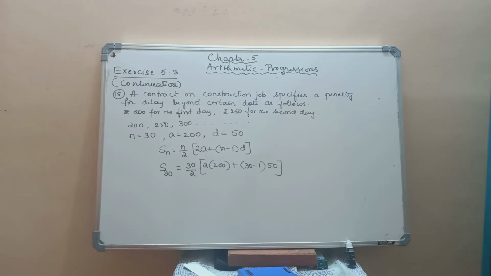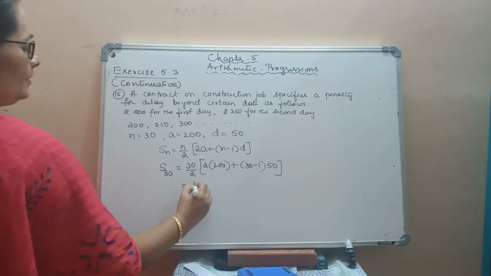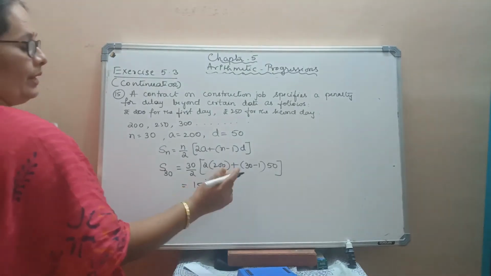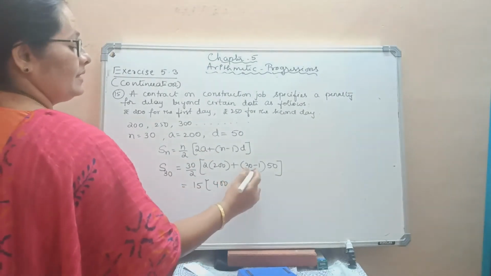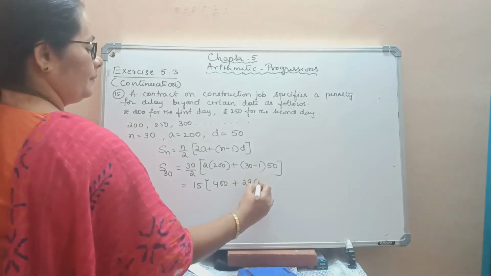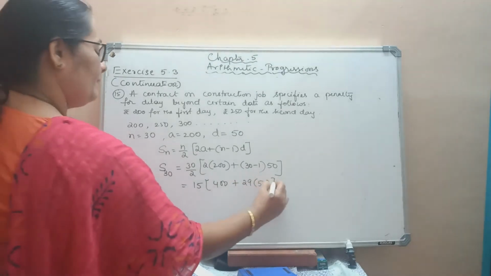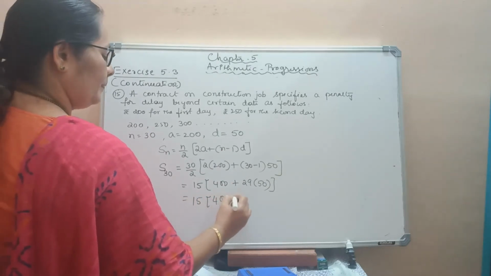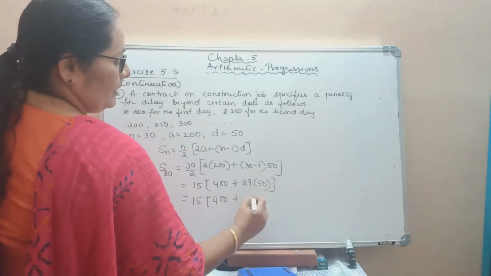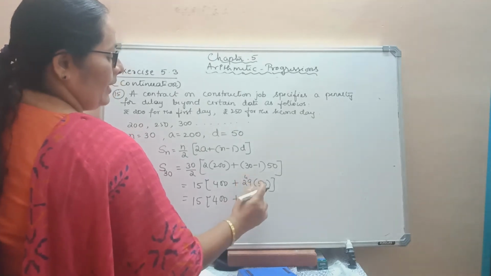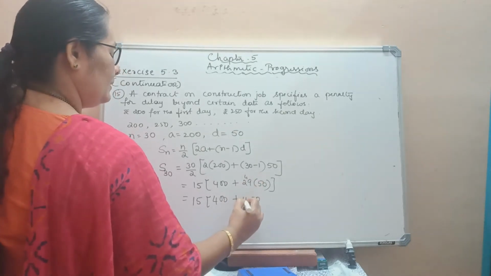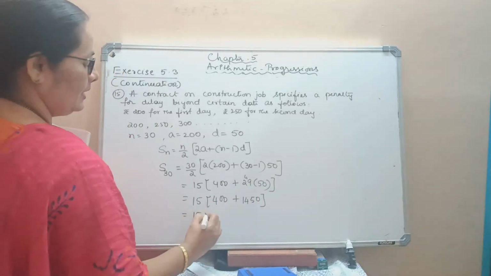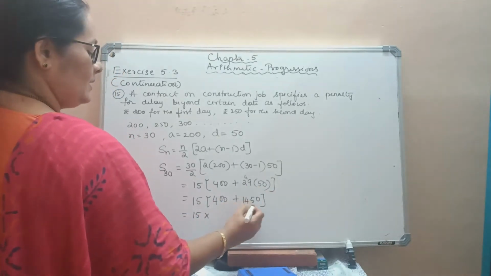Now, simplify this. 30 by 2 is 15, 2 into 200 is 400 plus 29 into 50. Simplify. 15 into 400 plus 1450, add this, so 1850.